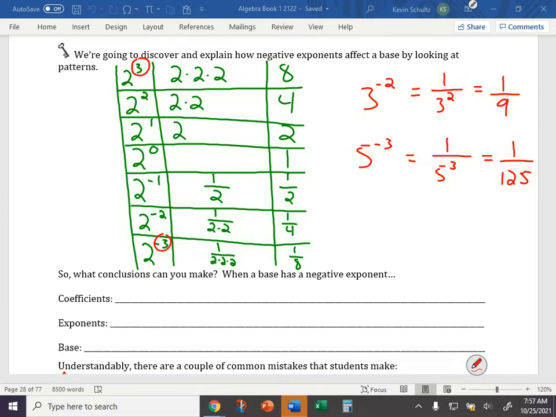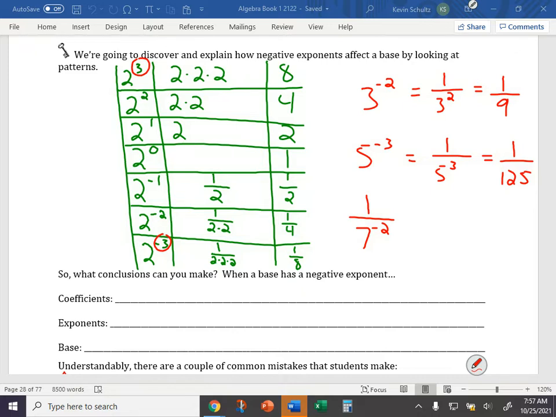How about, I'm going to try and trick you folks here. How about 1 over 7 to the negative second power? Aha. What's this one going to be? Now our negative exponent's in the denominator of this fraction to start with. Andrew? Not going to be 1 over 49.